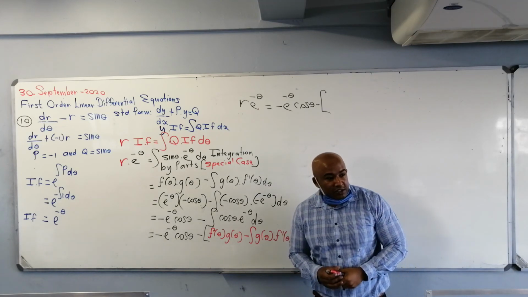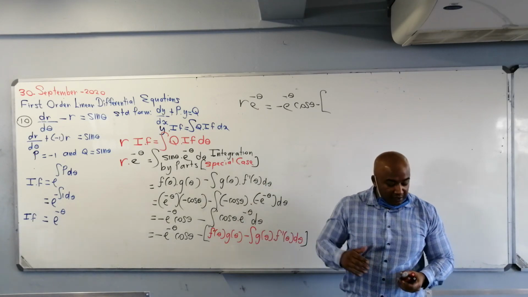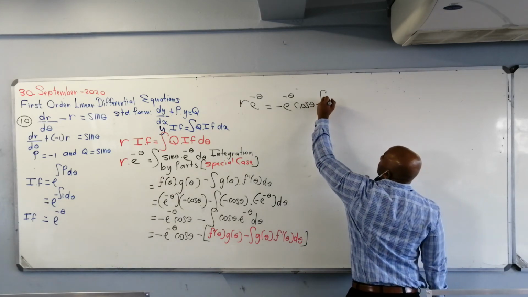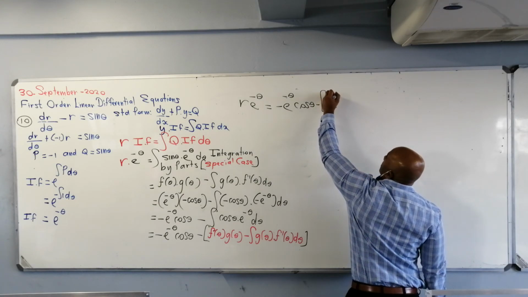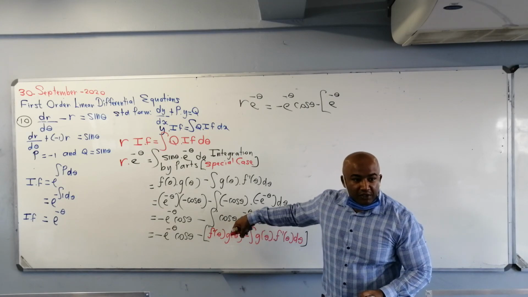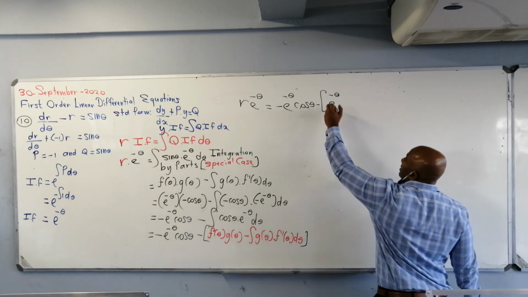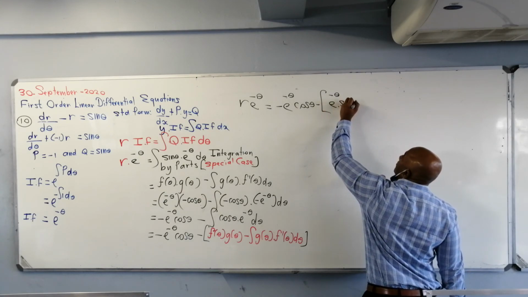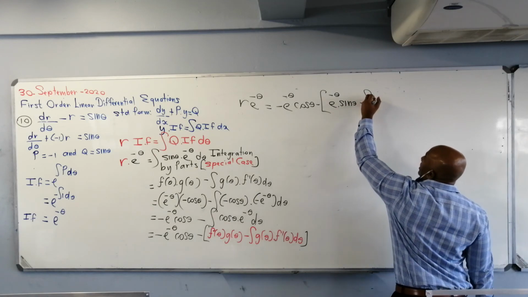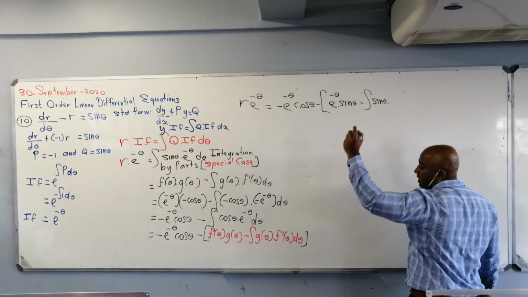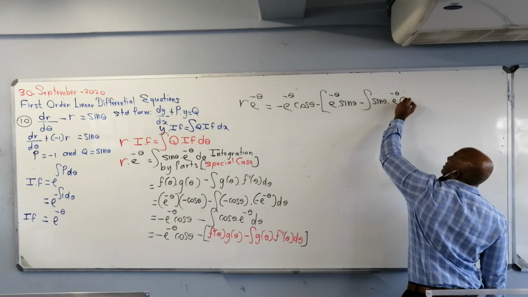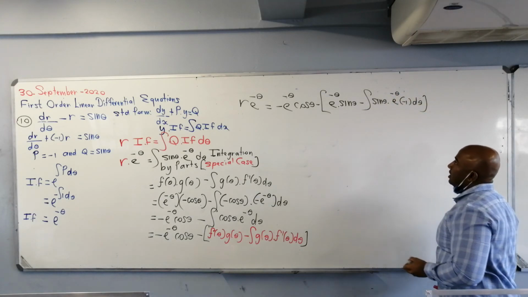again remember the second time we're using the formula, so we follow the same priority list. My f of theta is going to be e to the power minus theta. Then this is going to be g prime theta. So g of theta, you integrate cos, you should get positive sine theta. So that's f times g minus the integral of g, which is sine theta, and then f prime theta is e to the power minus theta times minus 1 d theta.